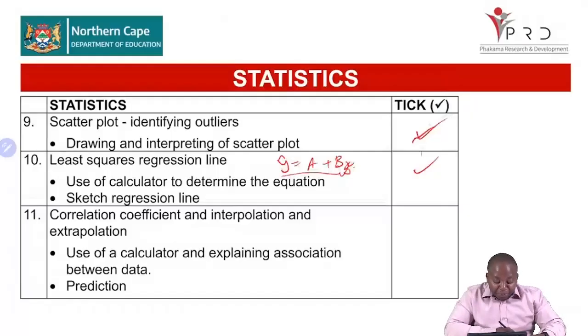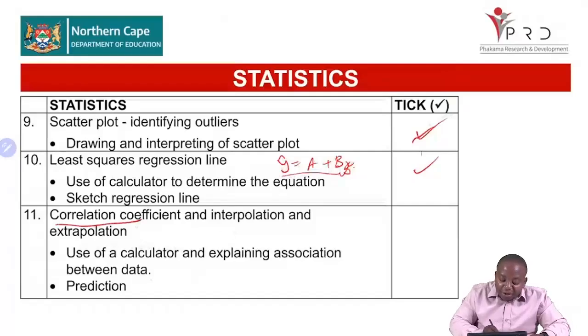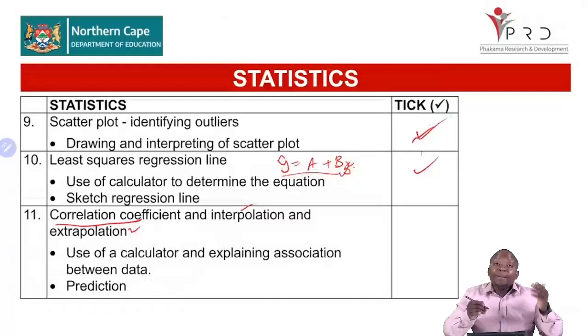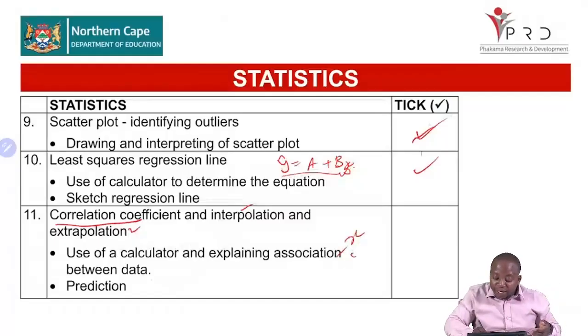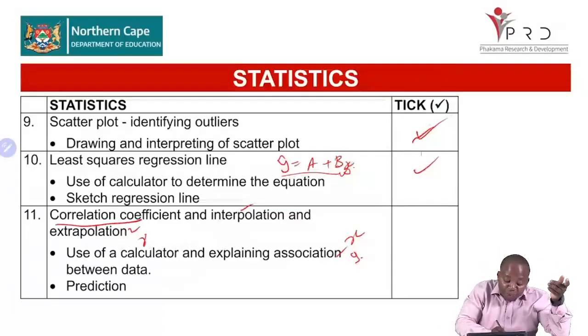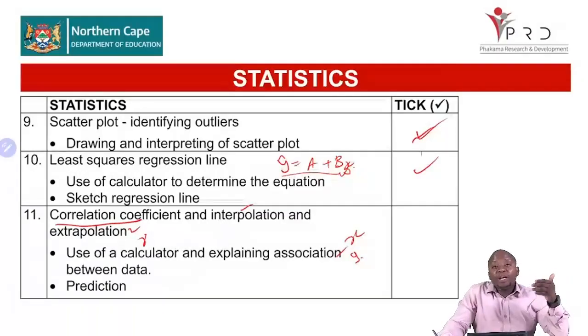I must be able to use a calculator to find the correlation coefficient, which is r, and use it to explain the association between my 2 variables, mostly x and y. How are they relating?